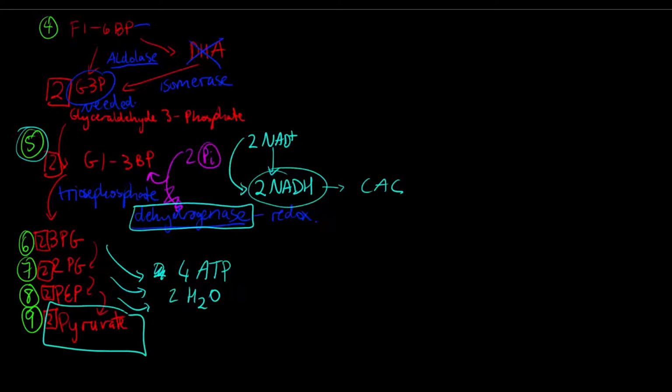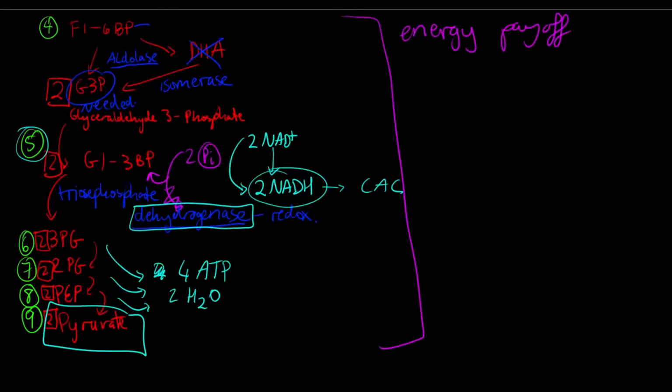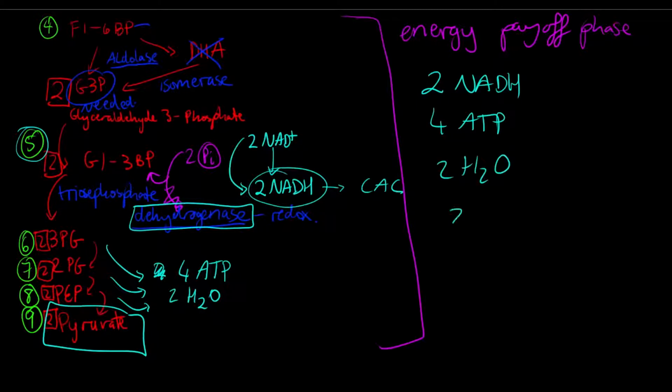The final product of glycolysis is pyruvate. So this is the energy payoff phase. And in this process, 2 NADH were made, 4 ATP, 2 H2O, and 2 pyruvate. These are the products of glycolysis, and you want to remember that, especially this.